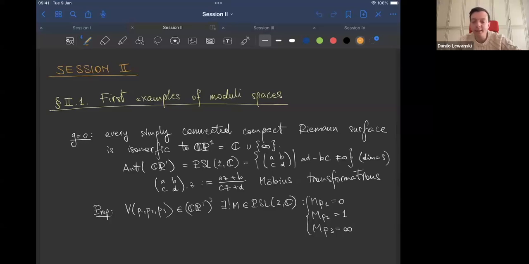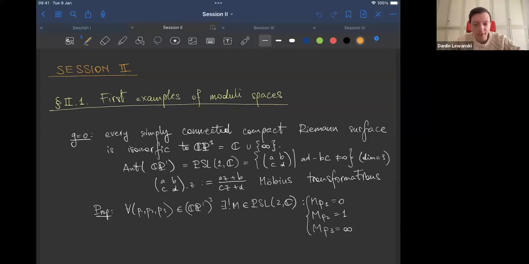And now you can say that there exists a unique Möbius transformation that sends the first point where you want, the second point where you want, and the third point where you want. And it's customary to pick these points as 0, 1, and infinity. I mean, you could pick any 3 points you want, but 0, 1, and infinity are usually taken to be the standard ones. So why not go with the tradition?